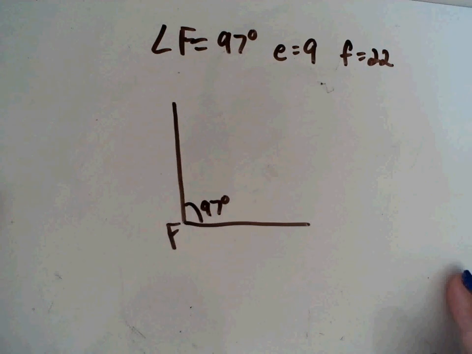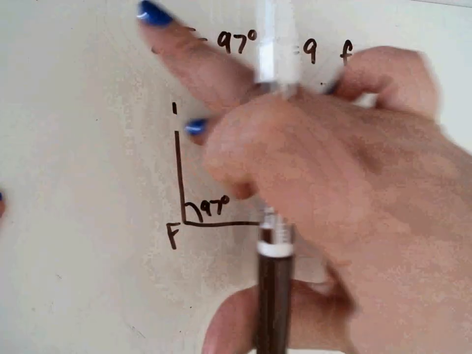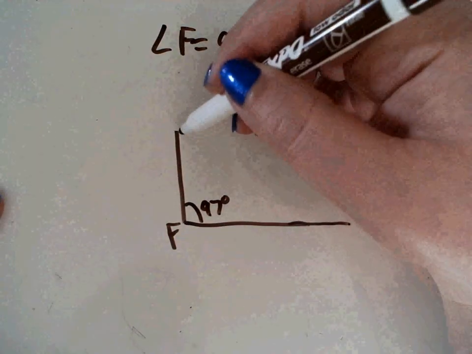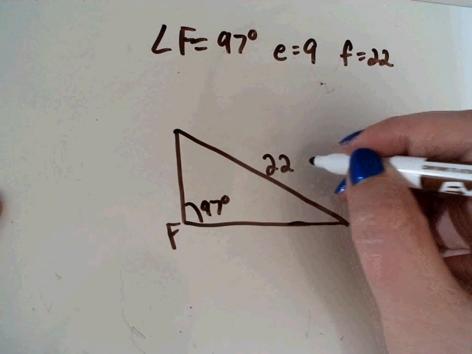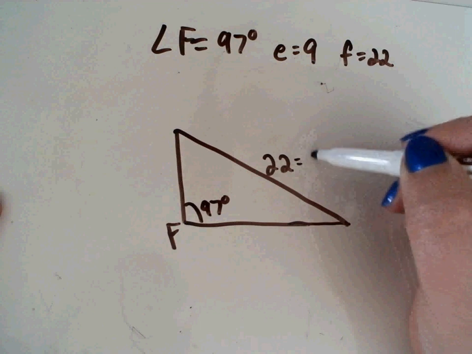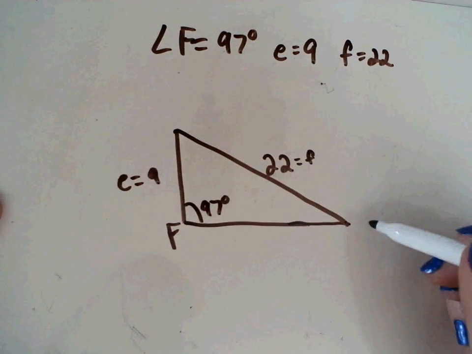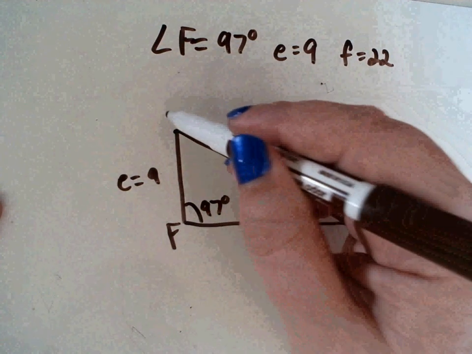And, let's see, side F is 22. I'm going to let this be 22. They didn't give me any units, did they? No. And so that's little f, and then side E is going to be 9, so I'm going to let that be 9, which makes this angle E.